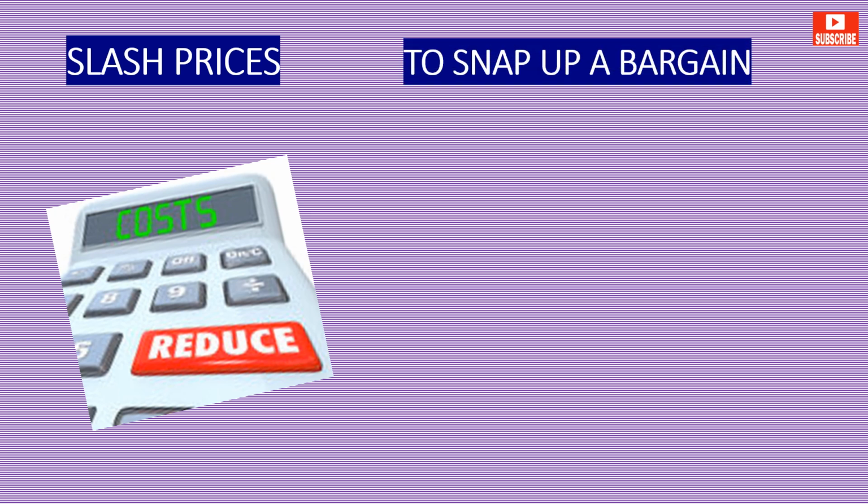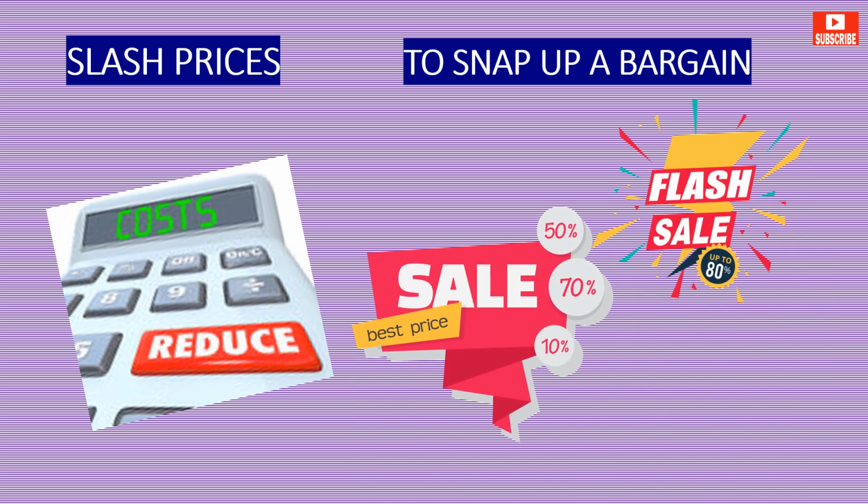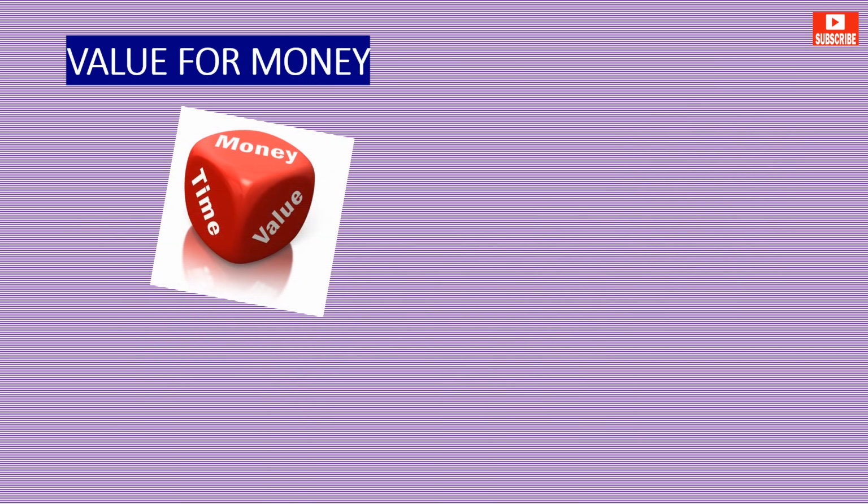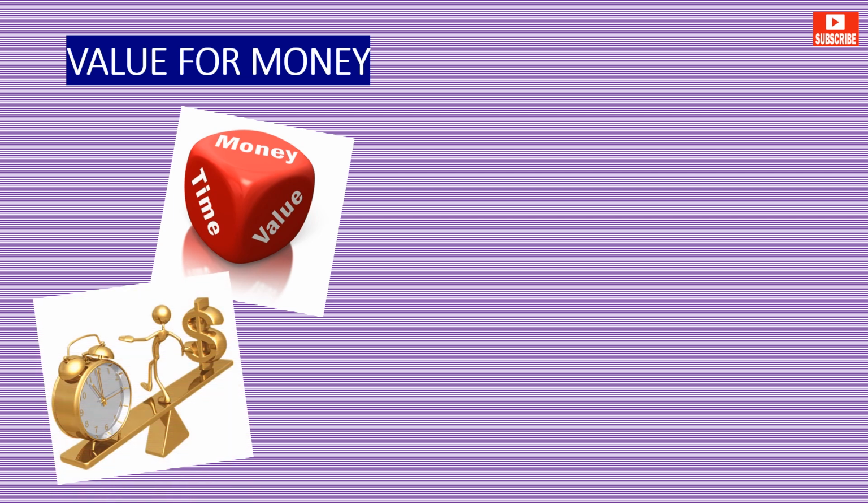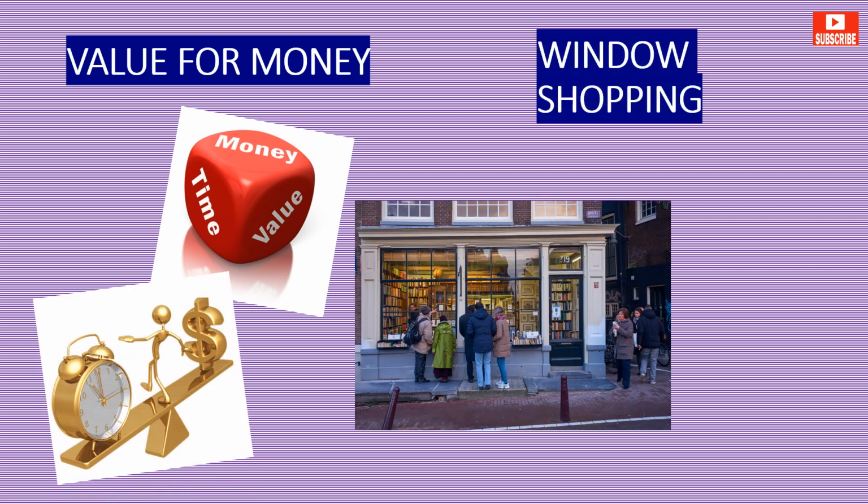To snap up a bargain is to buy something quickly that is being sold cheaply. Value for money is to be worth the cost. Window shopping is to visit a store to look at items without the intention of buying anything.